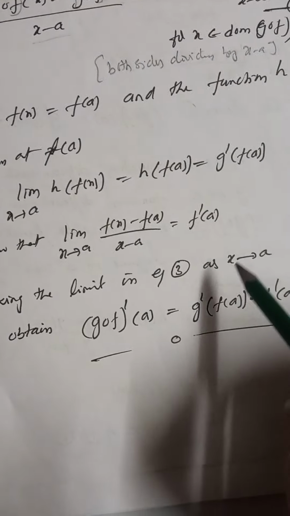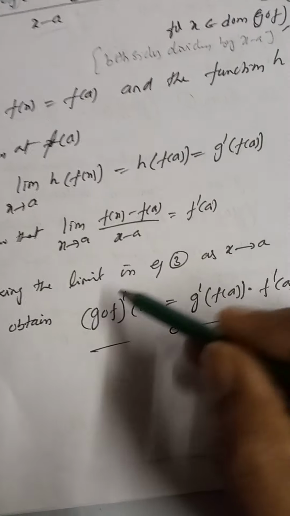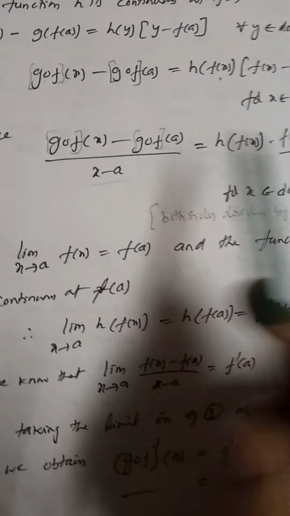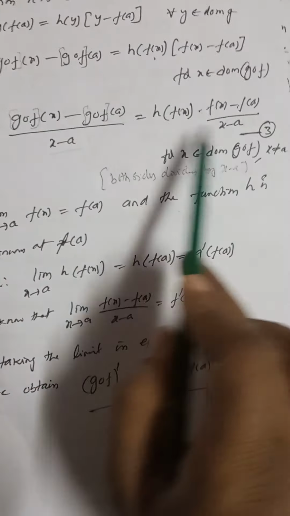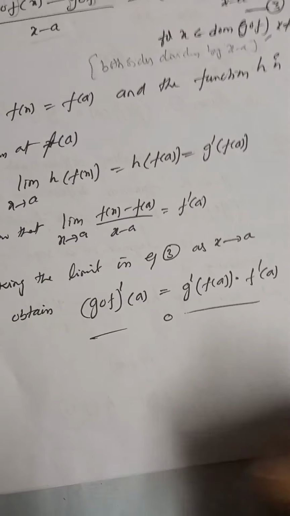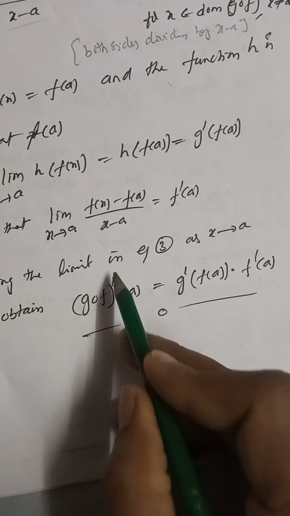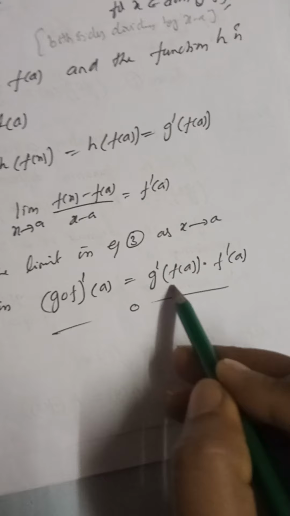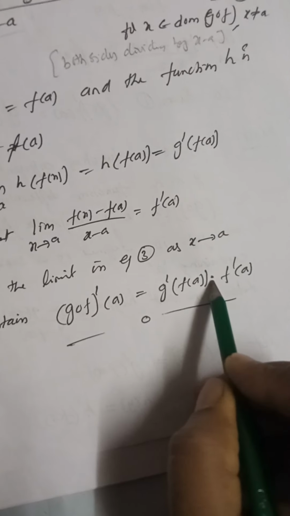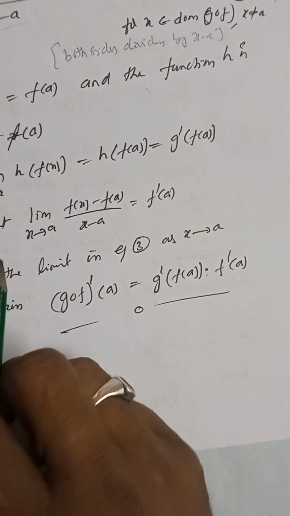This is the derivative of f. Now taking the limit in equation number 3, see here, equation number 3 is this one, right? Now we obtain g circle f dash of a is equal to g dash of f of a into f dash of a. This is called the chain rule.